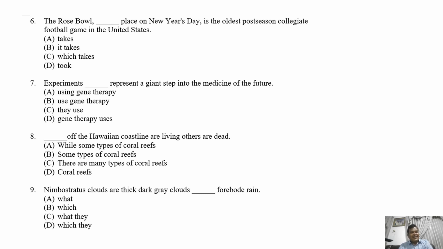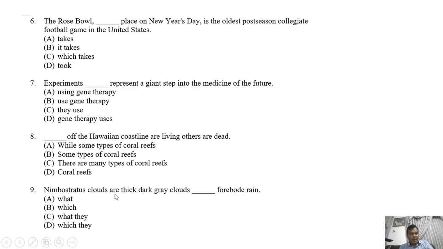Now, when we have 2 predicates, what do we need? We need a conjunction. And fortunately, there is only one answer with a conjunction, that is while. So it's very easy, only 5 seconds to answer this question. So we choose A as the best answer.